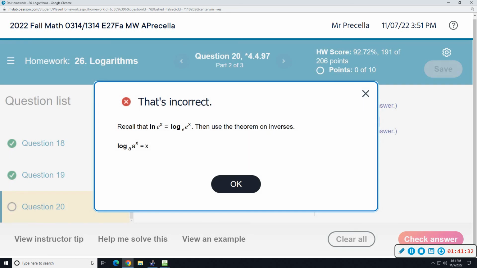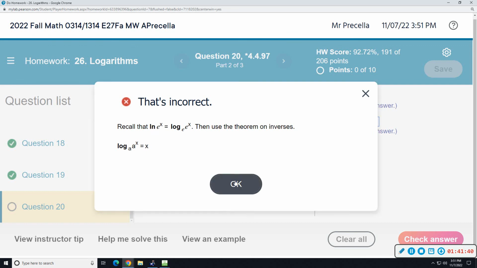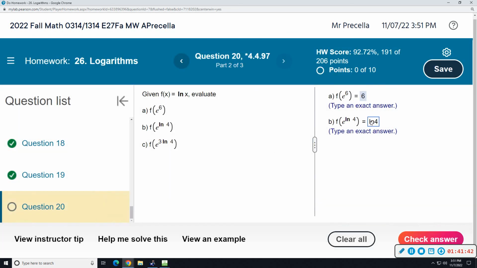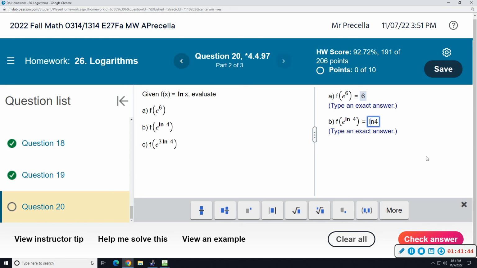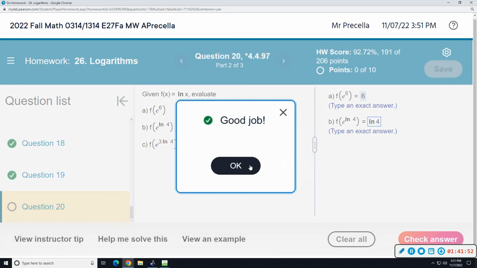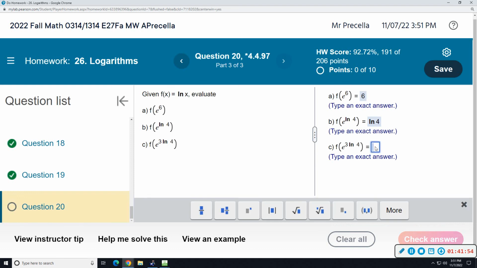So it just gives you a generic statement that basically it's saying the ln and e cancel themselves out. But what was wrong here? I used a capital I rather than a lowercase l. As soon as I put that lowercase l, you'll notice it bolds it. And what was this one? A 3 ln 4.